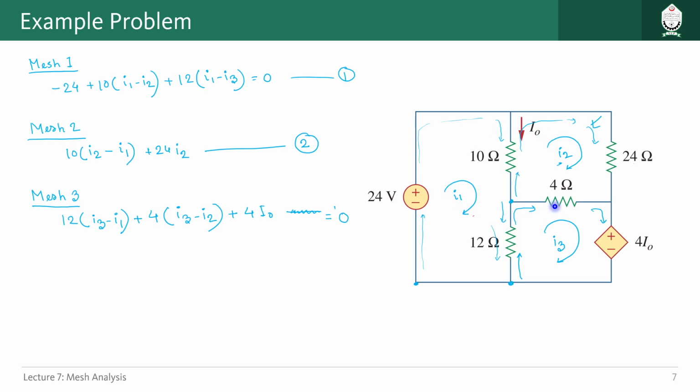Both of these currents are contributing to our total current in this branch. So we can write something like this: the total branch current I naught should be equal to I1, which is in the same direction as I naught, minus I2. Okay, so that value can be replaced here to get the total equation.